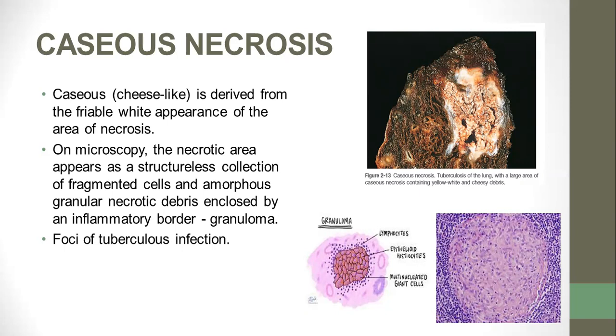So this collection of necrosis with inflammatory cells is found in a granuloma. So this type of necrosis is usually seen in the foci of tuberculous infection.